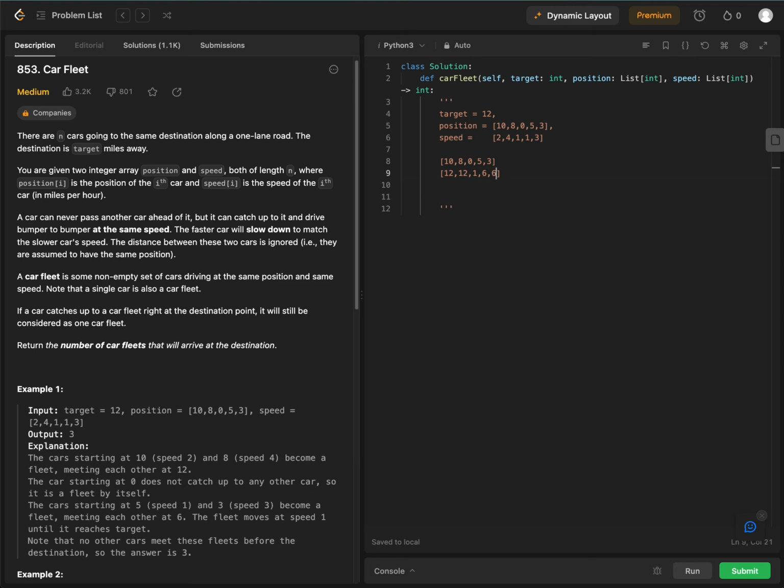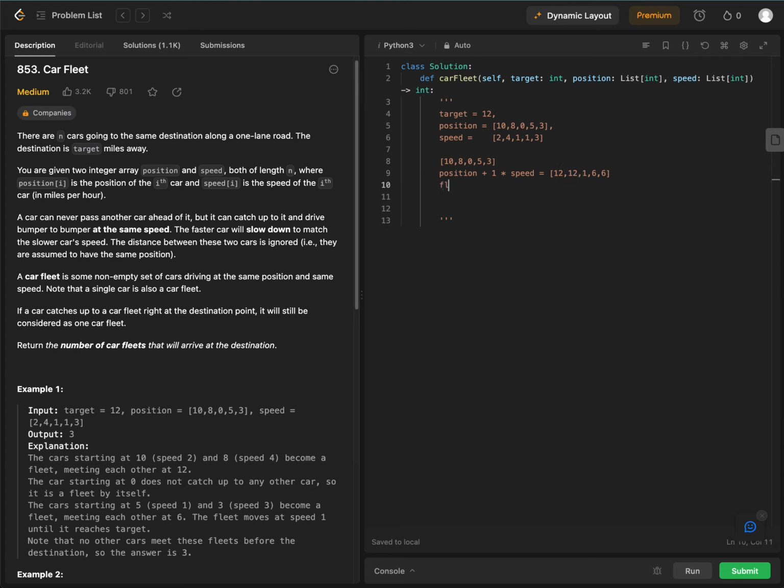You can think of this as position plus 1 times speed. Here you can see clearly that we have two cars at the same position, and since they are still below or equal to the target, this will be considered one fleet.